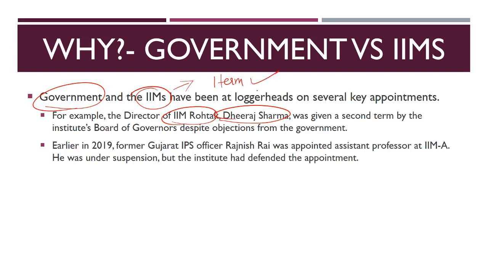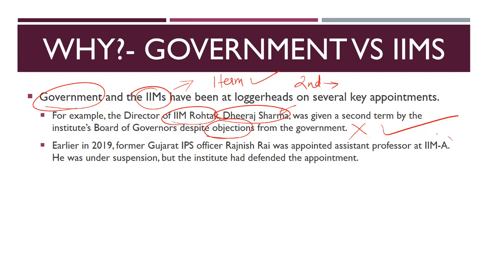But when the second term was being given to the same person, the government found that his academic credentials were not adequate for being appointed director of the institute. So they asked the board not to appoint him. However, the board appointed the same person despite the government's objections. The government did not like it: we are saying don't appoint him and you are still going ahead with the appointment, so what is the value of our advice?